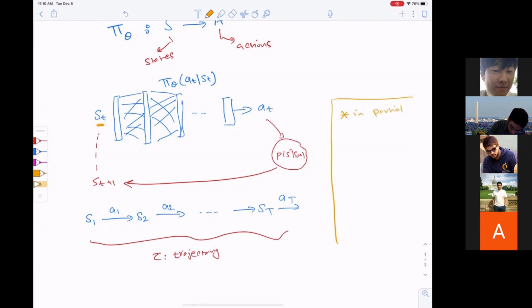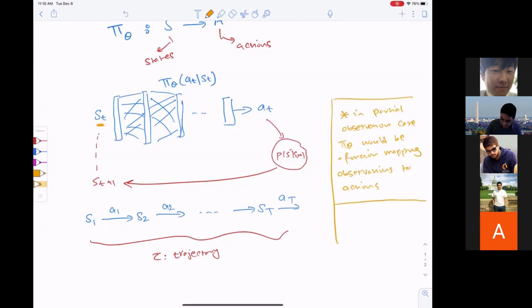In the partial observation case, pi theta would be a function mapping observations to actions. So if you're interested, you can look at the literature for this, but we are not going to be covering the partial observation case today.